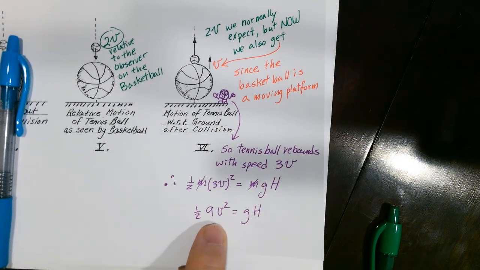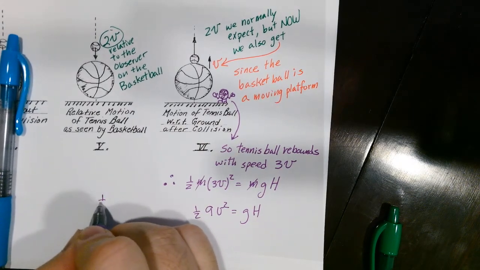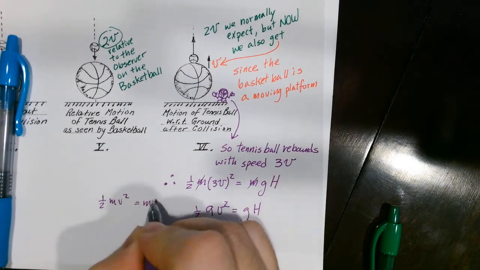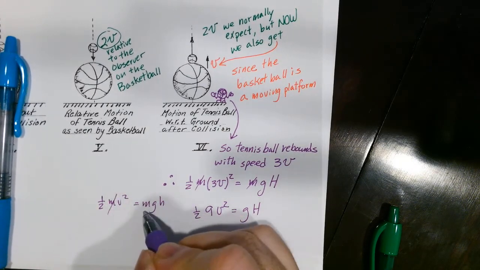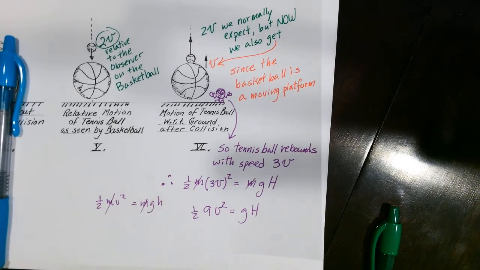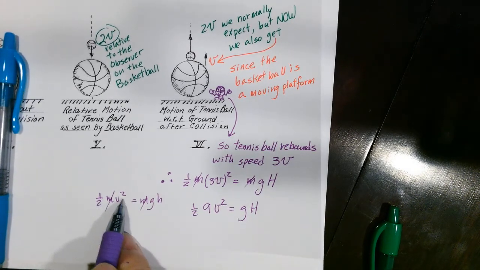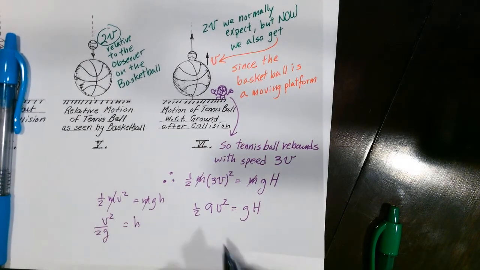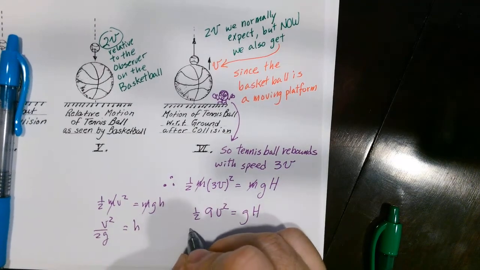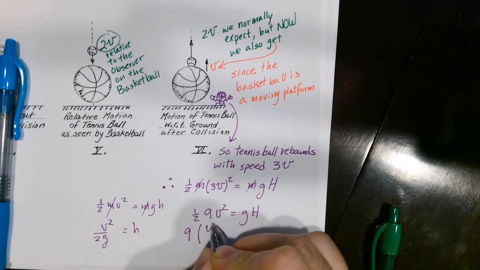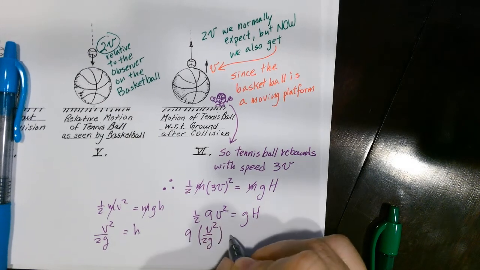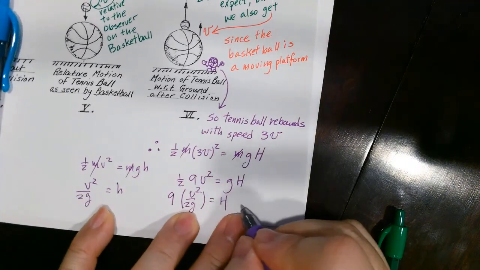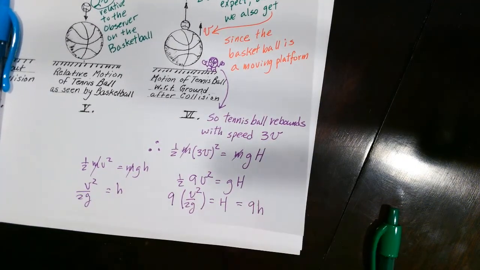Normally it would be just 1/2 mv squared equal to mgh, so when the masses cancel out, my h would be v squared over 2g. But here we get 9 times v squared over 2g. Therefore, the height will be 9 times the h.